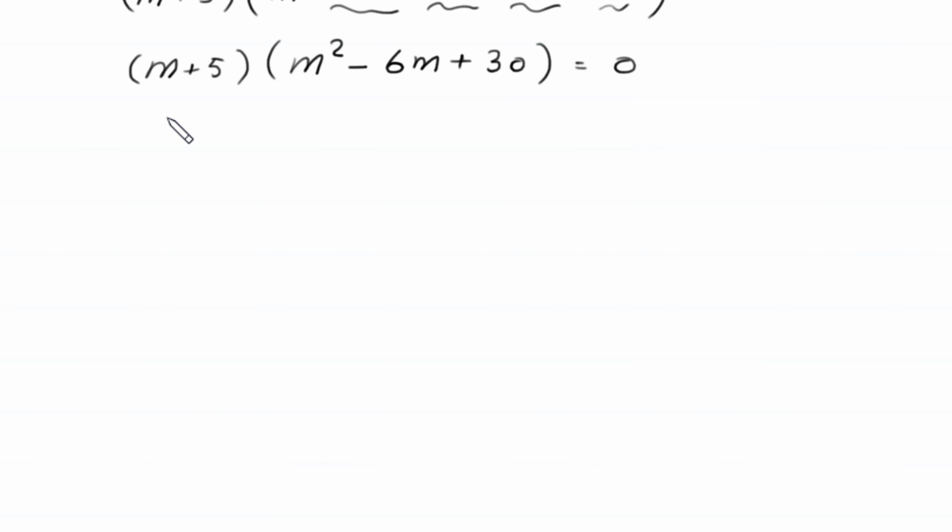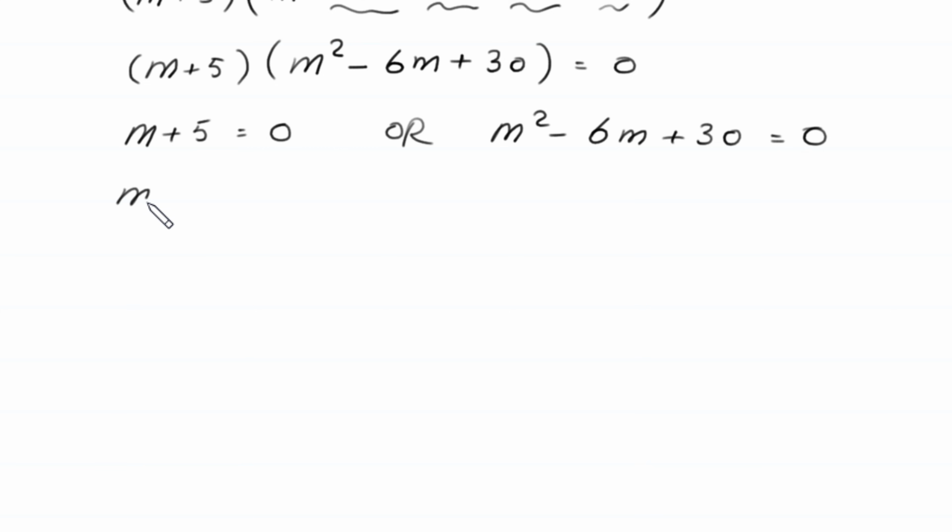Now, from here, either m plus 5 is equal to 0, or m squared minus 6m plus 30 is equal to 0. From the first equation, we get the value of m is equal to negative 5. And from the second equation, we check whether the discriminant is less than 0 or greater than 0. In this equation, a is equal to 1, b is equal to negative 6, and c is equal to 30.